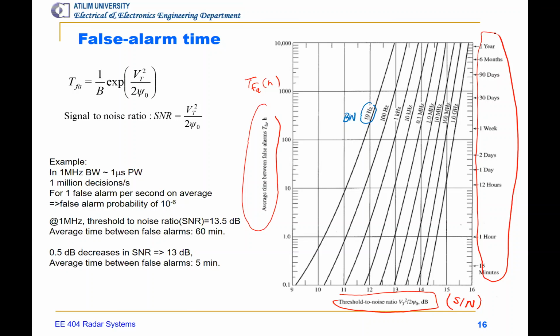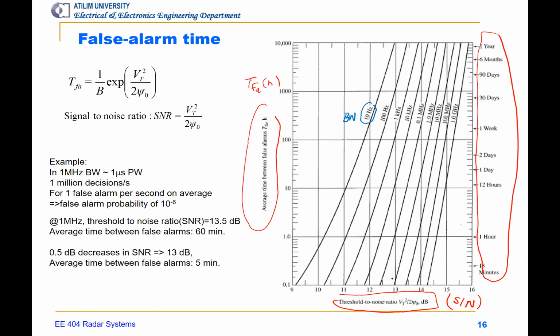Here, as you can see, if we change SNR, we expect the average time between the false alarms to increase. So we get fewer false alarms, and we can show it in here.